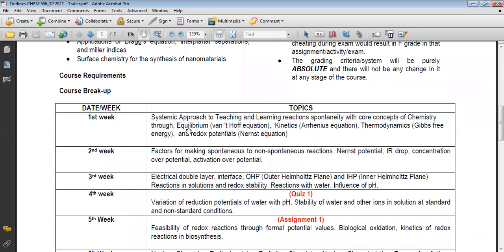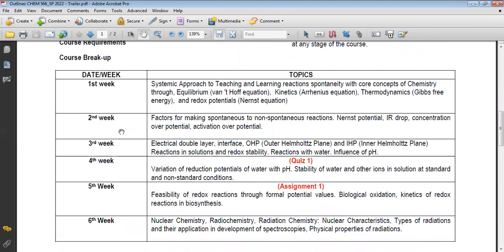I will cover the 4 core concepts: chemical equilibrium, chemical kinetics, chemical thermodynamics, and electrochemistry. We will correlate all these concepts to each other, and one of the objectives is how to decide the spontaneity of the reaction.